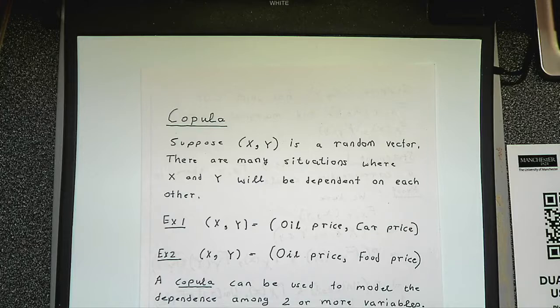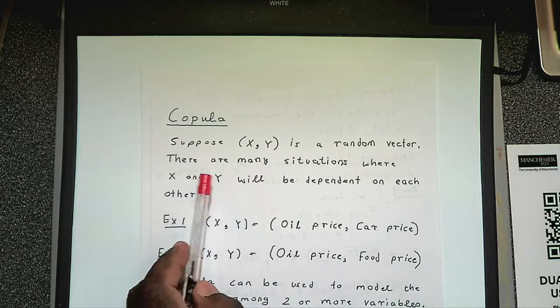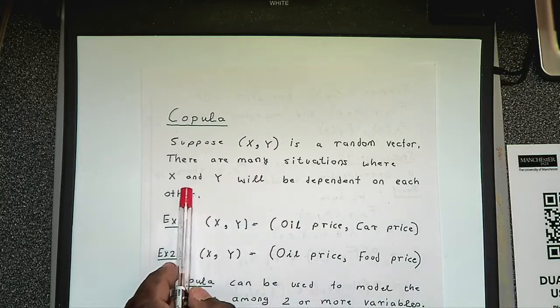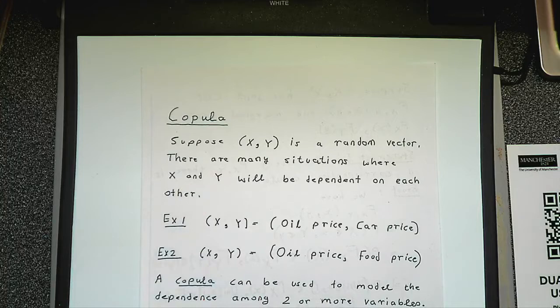So anyway, today we're going to start on a new topic, which is copula. You may know this or you may not know this. A copula is a function that's used to describe the dependence between two or more random variables. So if you have a random variable (X, Y), then there are situations where X and Y will be dependent on each other.